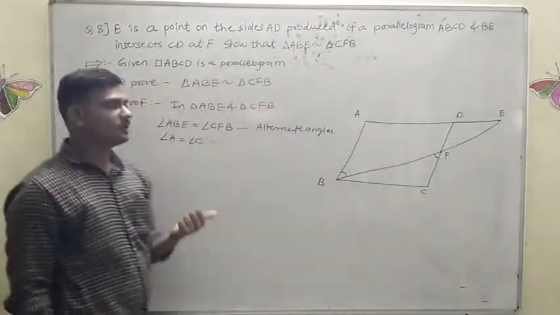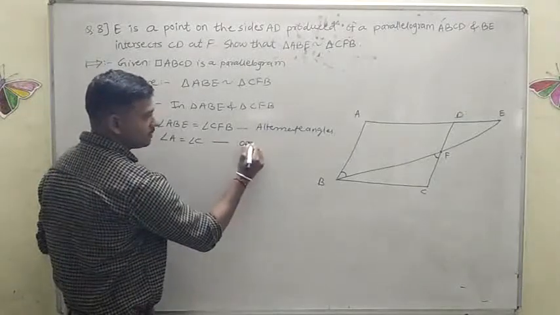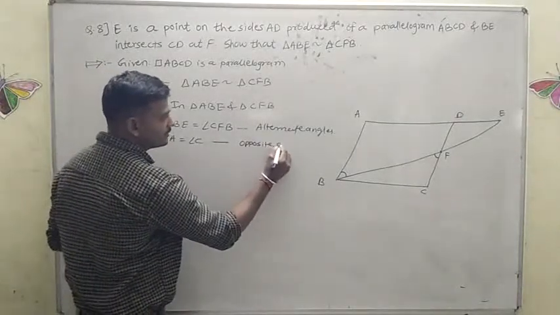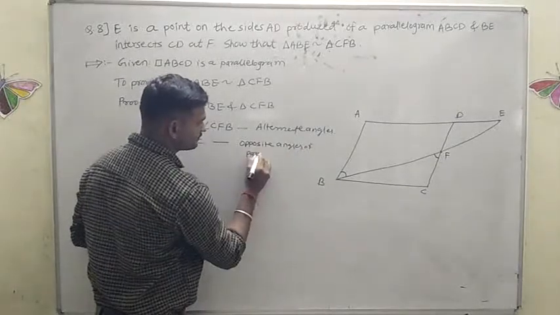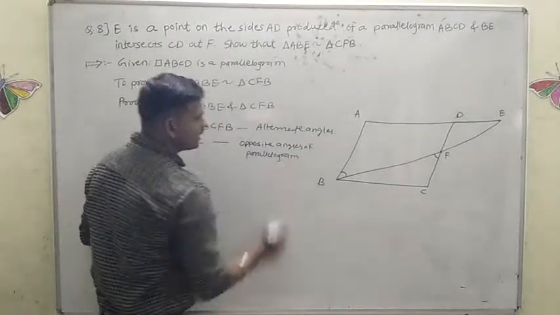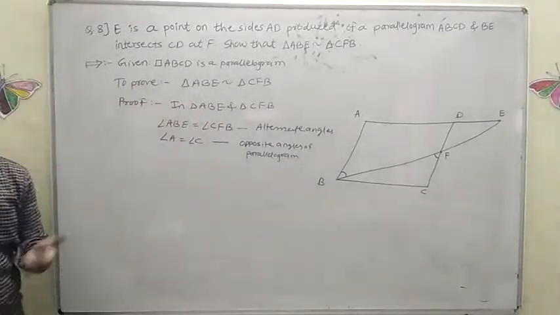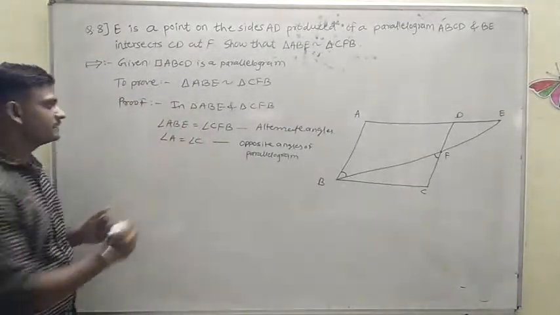Why? Because these two angles are opposite angles of the parallelogram. We know that opposite angles of a parallelogram are equal. Therefore, angle A is equal to angle C.